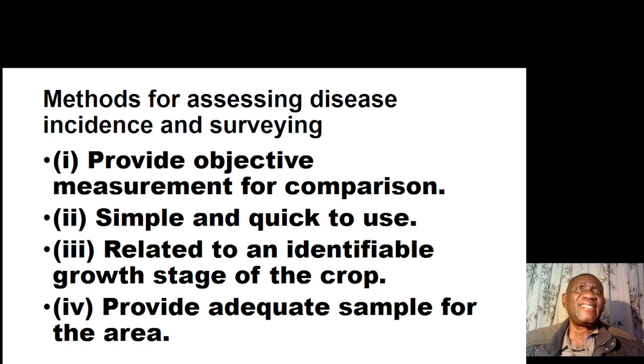So methods of assessing disease incidence and surveying should provide objective measurement for comparison. They could be simple and quick to use. They should be related to an identifiable growth stage of the crop, and provide an adequate sample for the area.